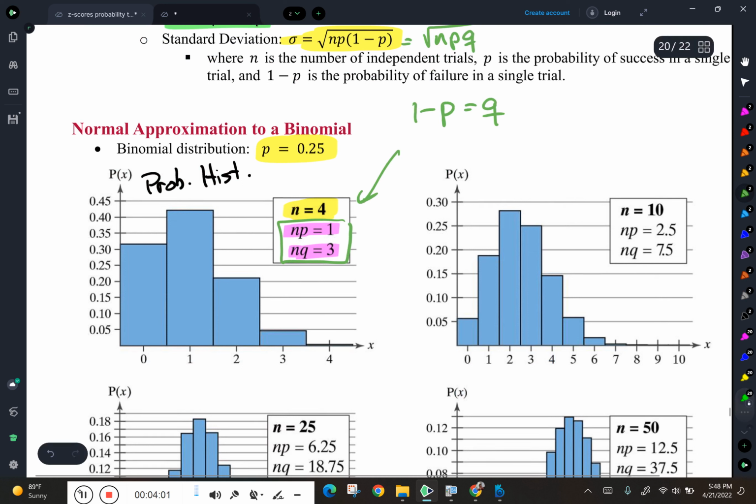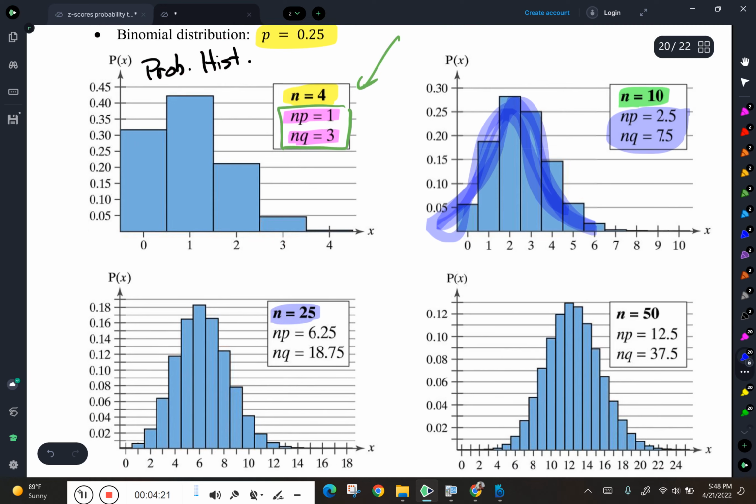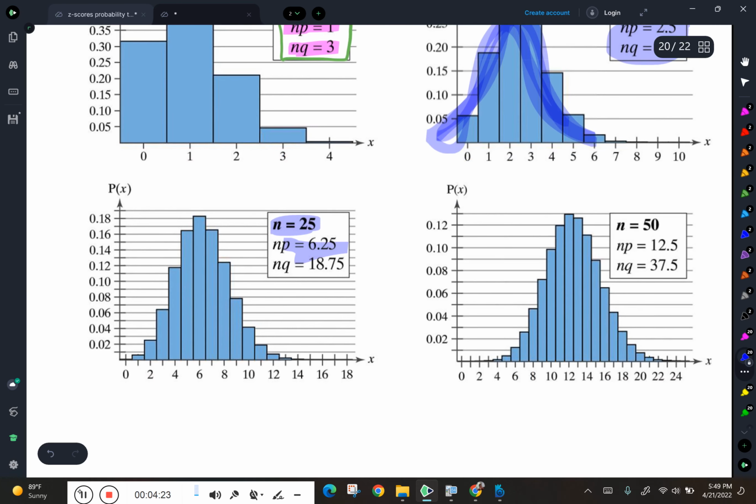But if I increase the number of trials of the experiment from 4 to 10, now my distribution is starting to look a little more curvy. It's not perfect yet, and the numbers bear that out. I don't have my 5s I'm looking for yet, but it's starting to look more like that. If I increase it to 25, now my numbers bear it out, and my graph does too.